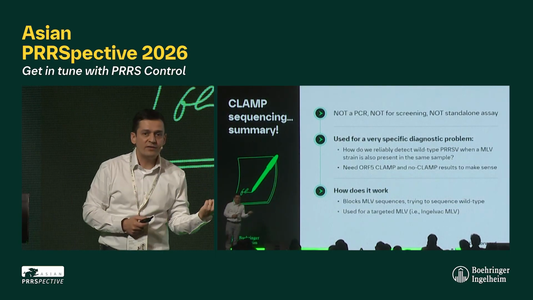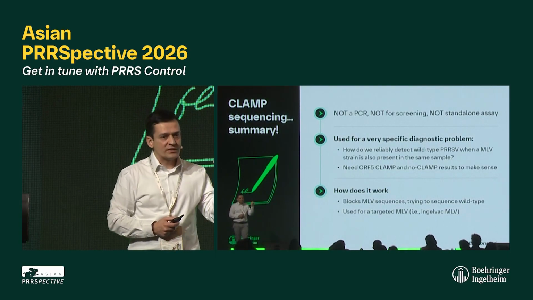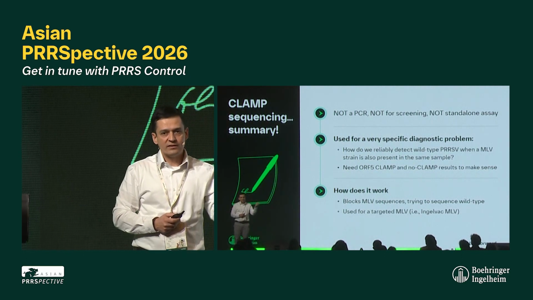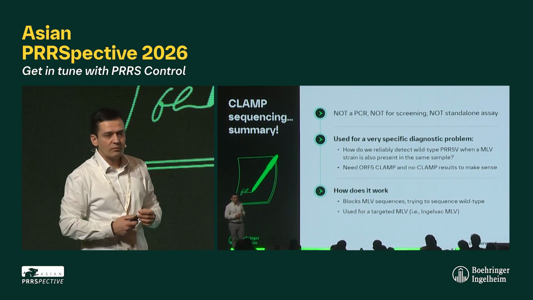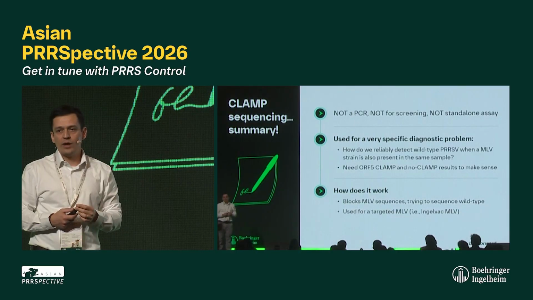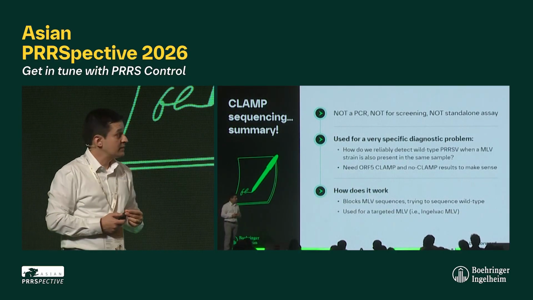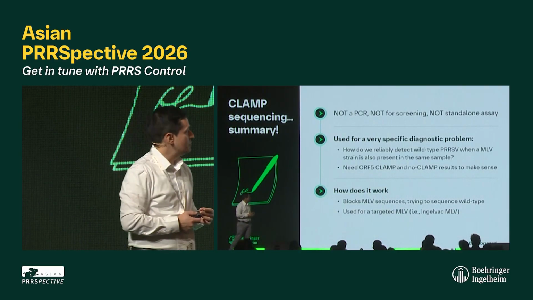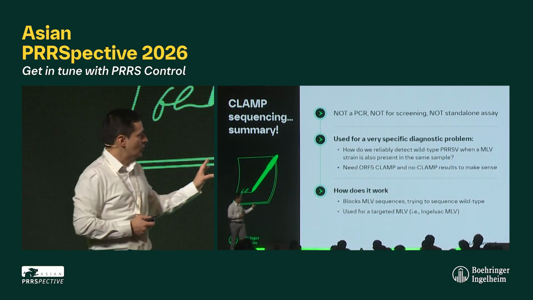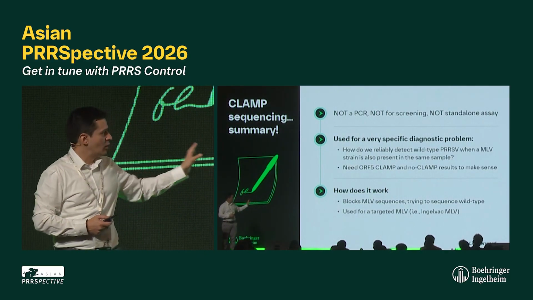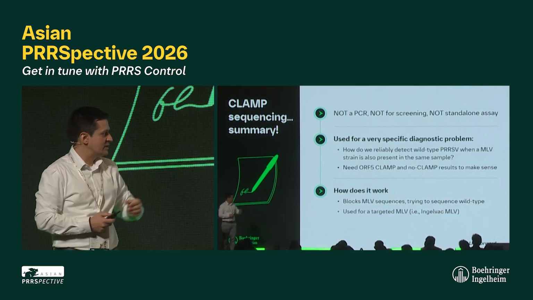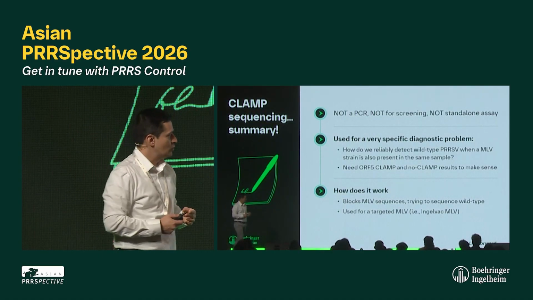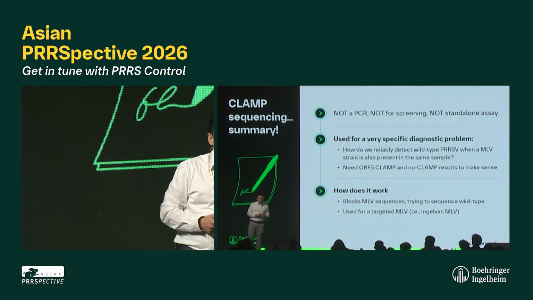I know that I have MLV in my flow because I vaccinate the pigs or I vaccinate the sows where the pigs come from. So now I want to understand if I have wild type presence or not in that pig population. How does it work? Long story short, it blocks the MLV sequences and tries to sequence the wild type when you have that dual infected pig population.